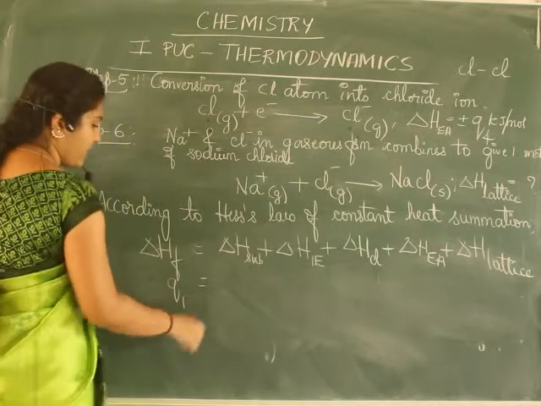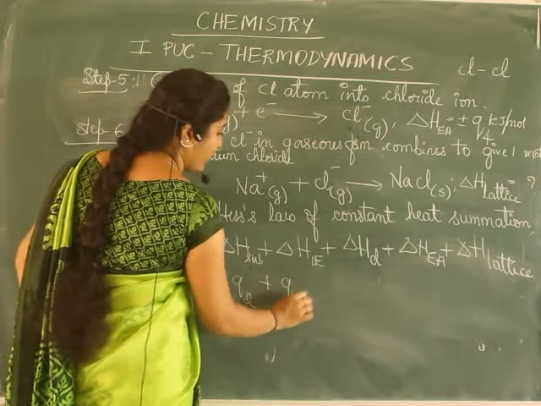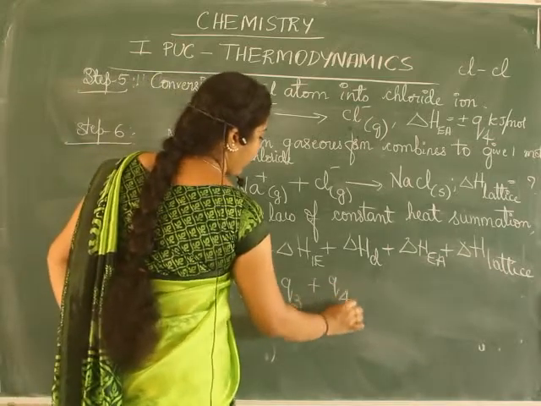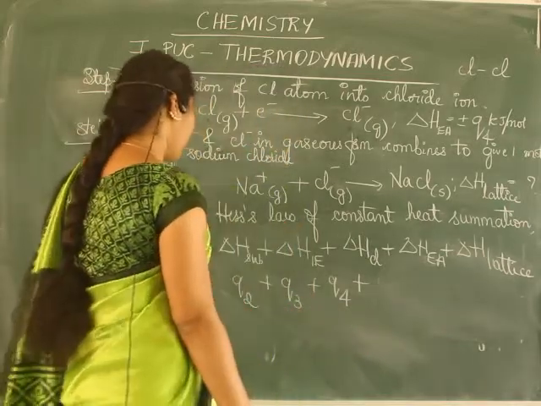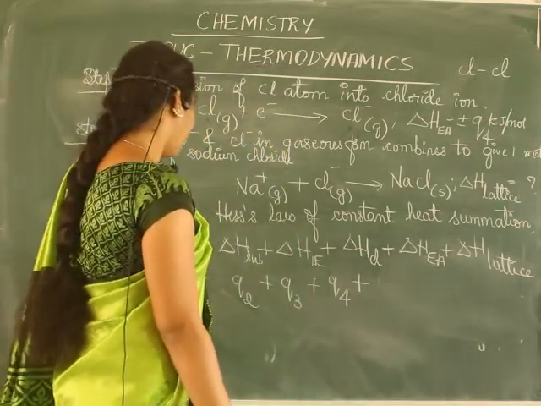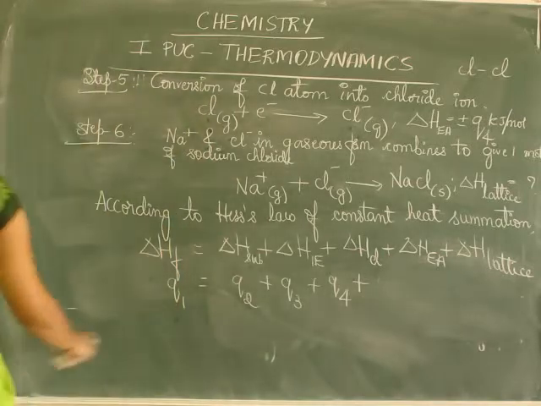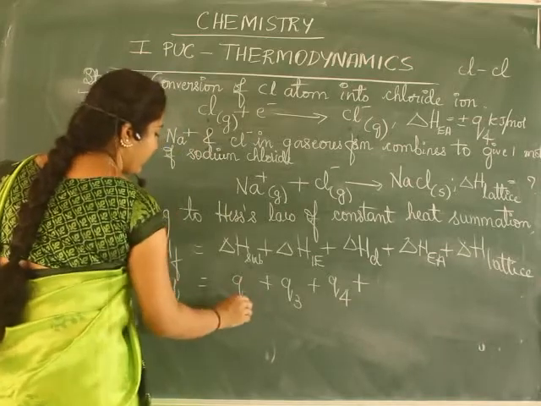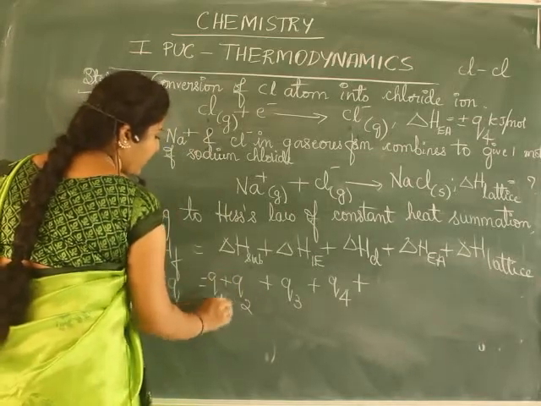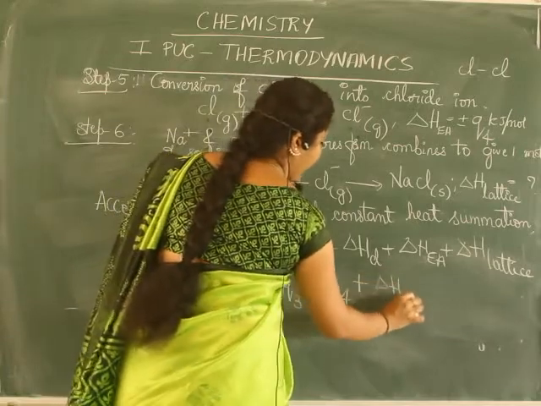Therefore, Q is equal to Q1 plus Q2 plus Q3 plus Q4 plus delta H of lattice.